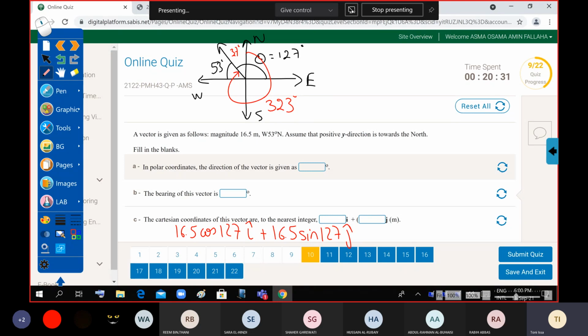They said nearest integer, so it will be 16.5 cosine 127, 9.93, which means minus. It's minus 10, so it's minus 10i. And it will be 16.5 sine 127. It will be 13.17, so it's 13j. So these are the answers.